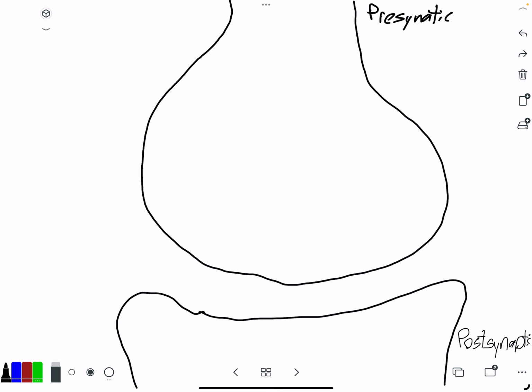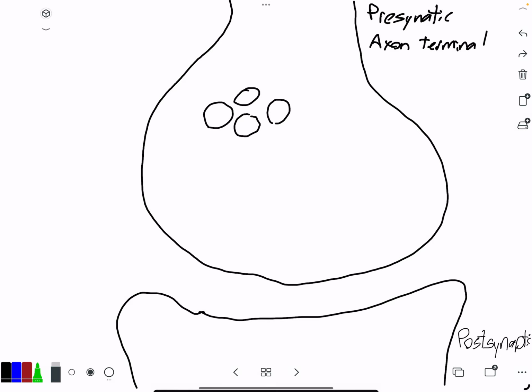To be clear, this is our axon terminal. Sitting here ready to go before an action potential even occurs, we have synaptic vesicles that have already been pre-filled with neurotransmitter.